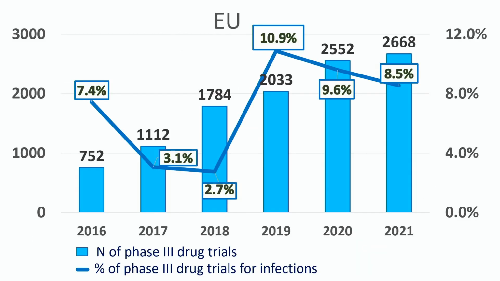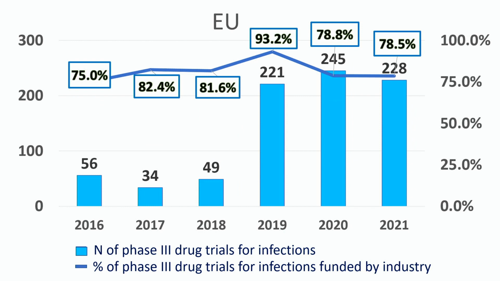So when we look at the European Union, we see that 2017 was an annus horribilis, as the percentage of phase 3 trials from 2017 and 2018 declined to 2.7%. As you see, the number of phase 3 drug trials for all drugs increased from 752 to 2,668. In 2019, there is a big jump from 2.7 to 10.9%, and a slight decrease in the COVID years.